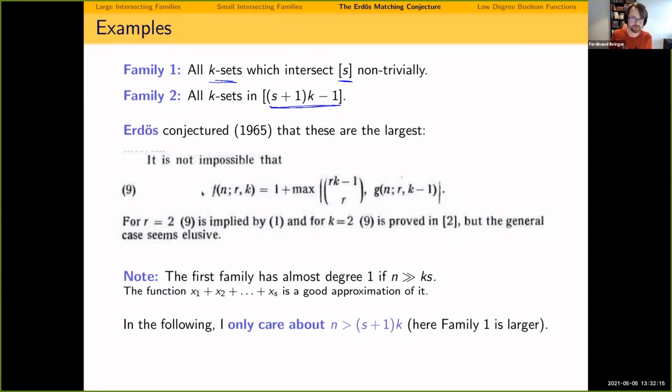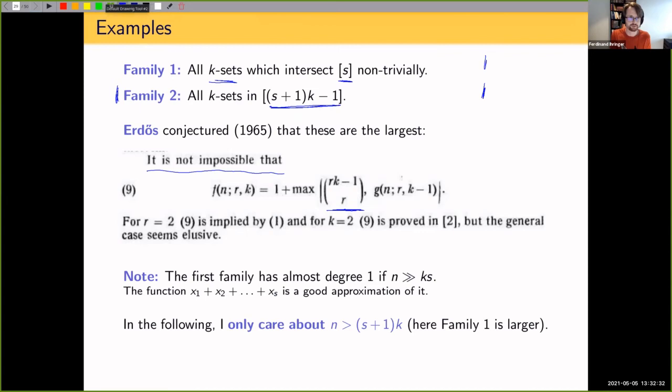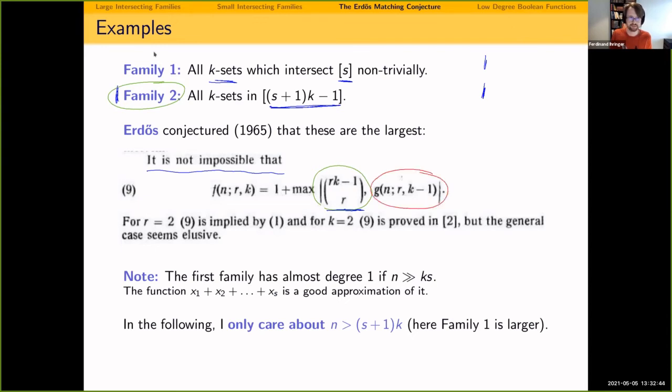He said it is not impossible that one of these is always the largest family. And his notation is slightly different, but you can see that this corresponds to family 2, and the other one is family 1.